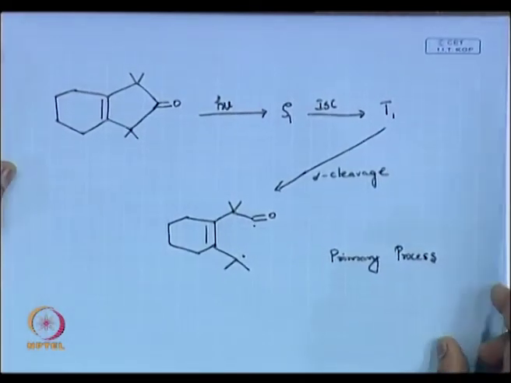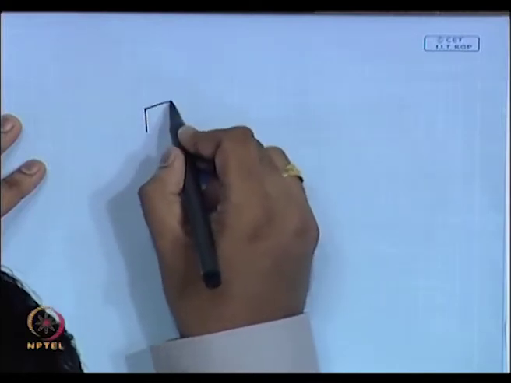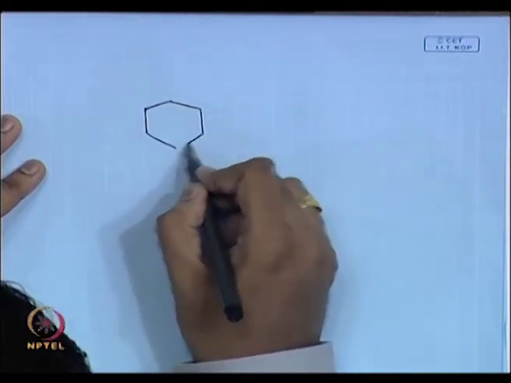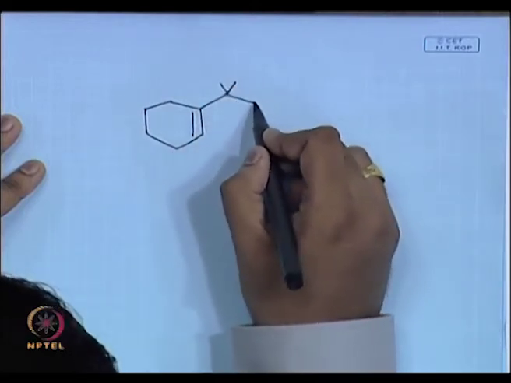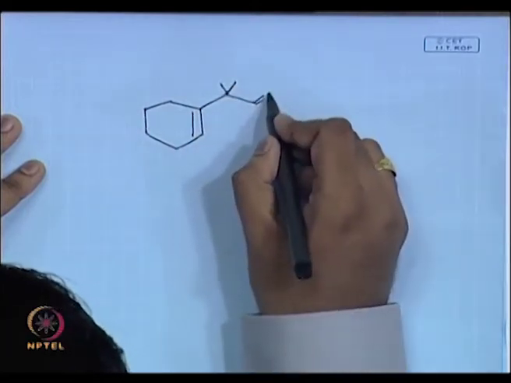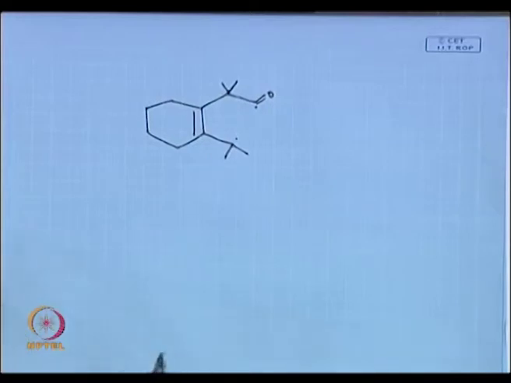Now, we will see how it works in the secondary process. That is where a little bit of interesting stuff comes. What can it do now? It is a cyclopentanone, so you have to think about what it does normally.